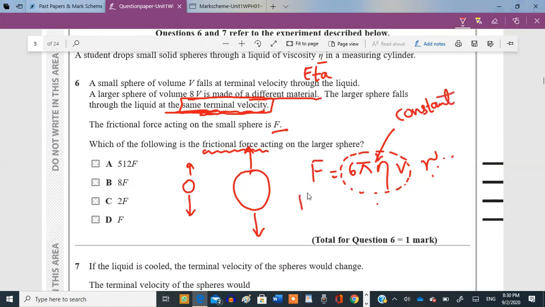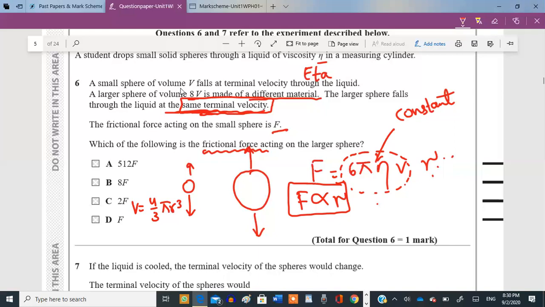So can I say that the frictional force acting on the larger sphere or the smaller sphere is actually proportional to their radii? I can say that. So then I'll need to see what's the difference in the radii after the change in volume. The formula for calculating the volume of a sphere is 4 upon 3 pi r cube.